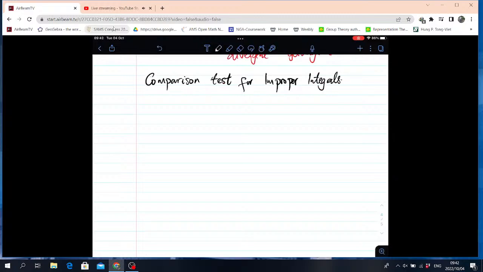Right, so what does it say? It is a theorem. It says let f and g be two functions that are defined on the same interval, going to R, and suppose they are continuous.